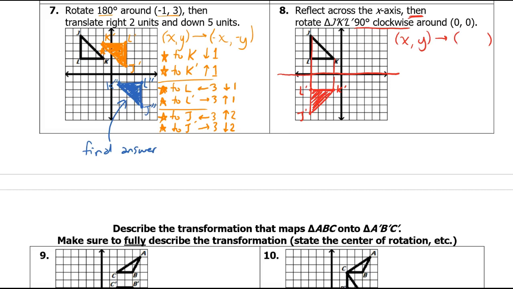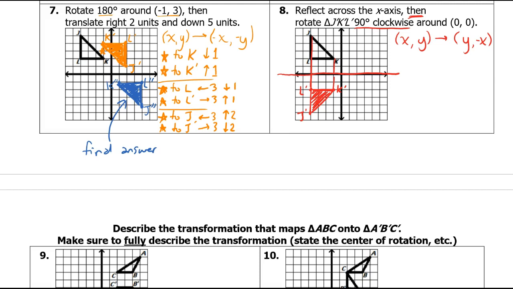It swaps the coordinates, and it changes the sign of one of them. For a clockwise rotation, we're going to end up either with negative y comma x or with y comma negative x. And if you look at that previous question, the clockwise rotation gave us y comma negative x.